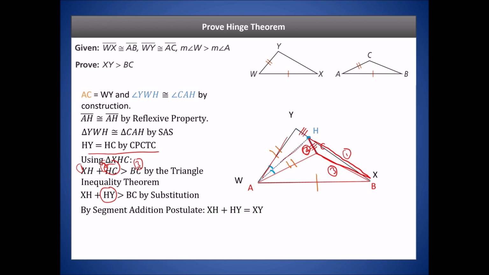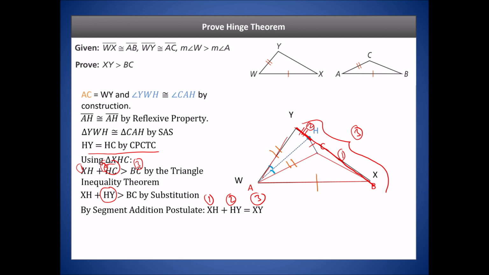All right, and so now by the segment addition postulate, we know that XH plus HY is equal to XY, that whole thing. So this piece plus this second piece is equal to the third piece, this long piece here. So 1 plus 2 is equal to 3.